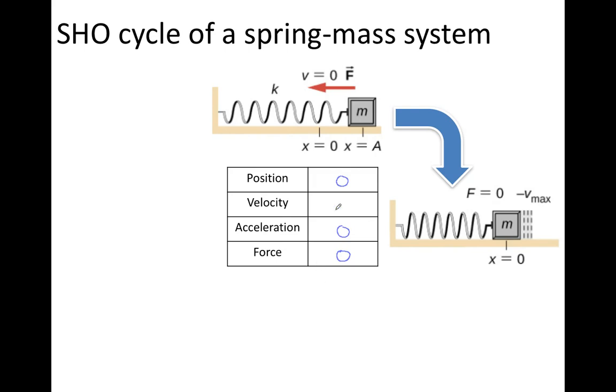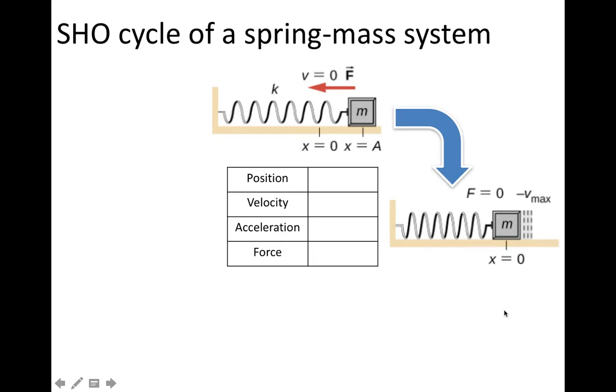But at this point, it's got a maximum speed and it's moving in the negative direction. And that's because at the endpoint, it's got all elastic potential energy, and it's a maximum at that point. No kinetic energy. That elastic potential energy gets converted into kinetic energy where it is a maximum, and when it has maximum kinetic energy, it has maximum speed.